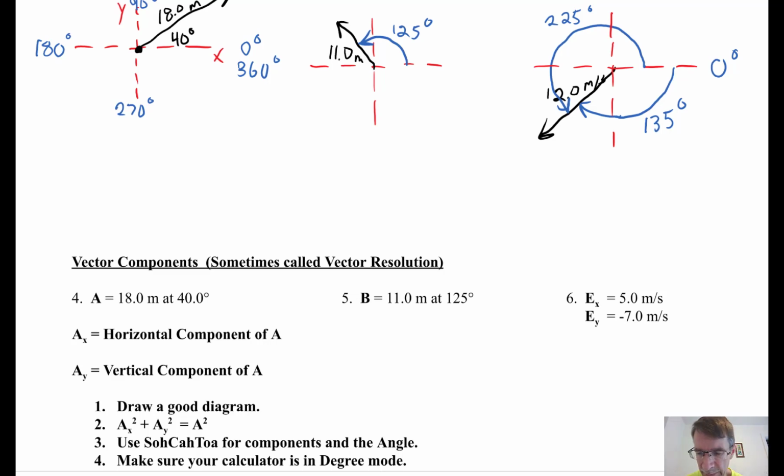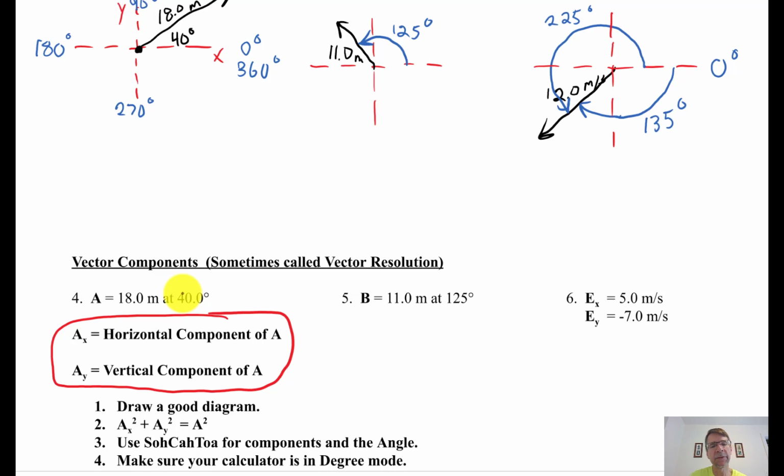You have components, and we're going to be in two-dimensional graphing now, where we have this XY coordinate plane, Cartesian coordinate plane. And here is the idea. Let me change back to red. Okay, we have A sub x and A sub y, and B sub x and B sub y. I didn't draw that down. E sub x and E sub y, which are given.